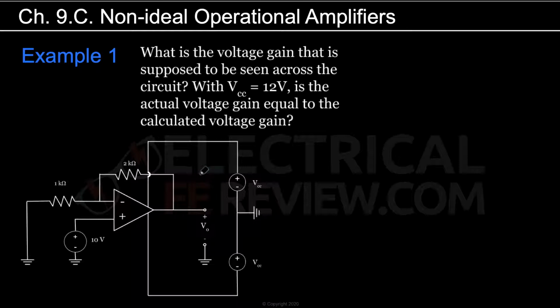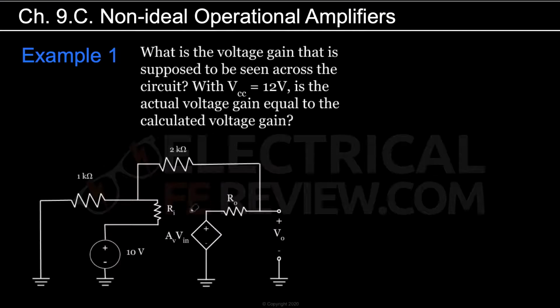The first thing that we're going to need to do is redraw our circuit so that it accurately shows the internal resistances of our op amp, so that we can use KCL and KVL to solve for the voltages and the currents.